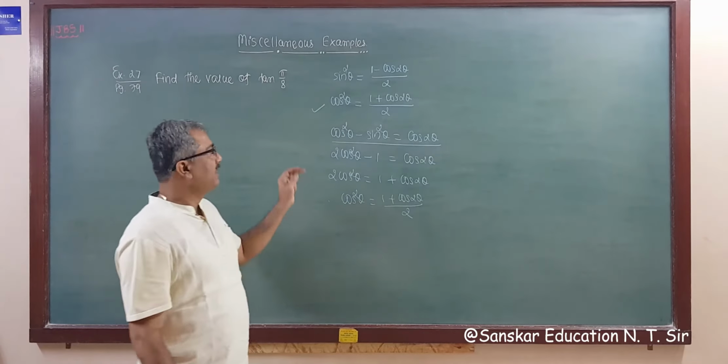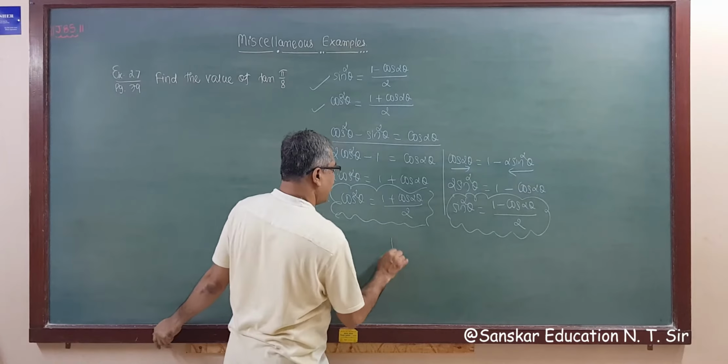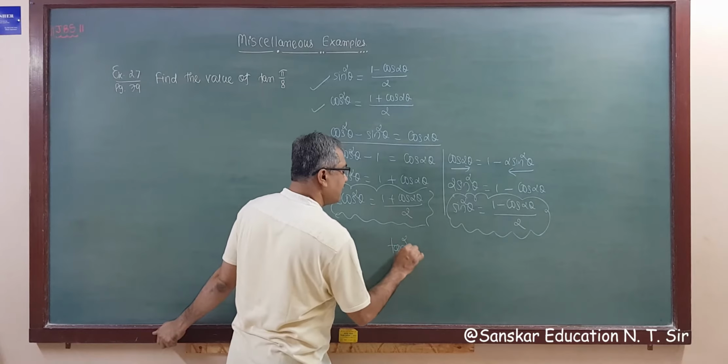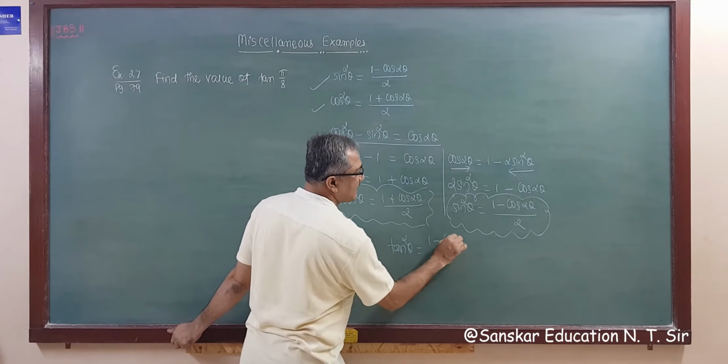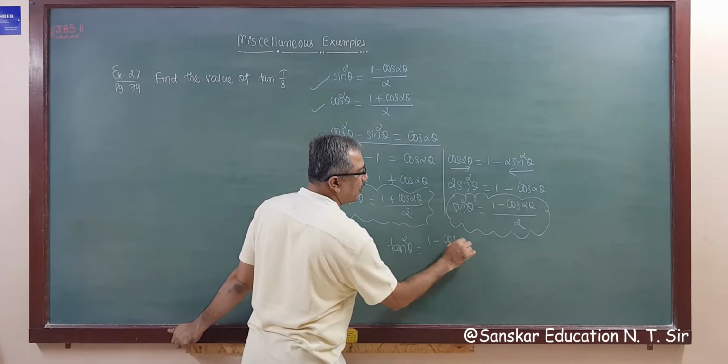And from these two, what we get, tan square theta is 1 minus cos 2 theta upon 1 plus cos 2 theta: sine has minus and cos plus, same for cos, plus and change, right? So remember, this is an important formula from now onwards, right?